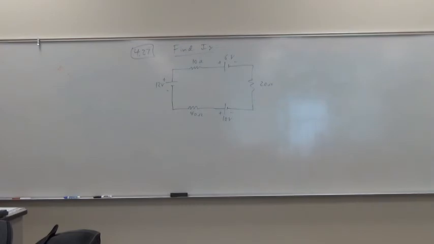IX. Where'd you get the IX from? Yeah, but we're summing voltages. We're going around here and we're adding up all the voltages. There's 1, 2, 3, 4, 5, 6 voltages.